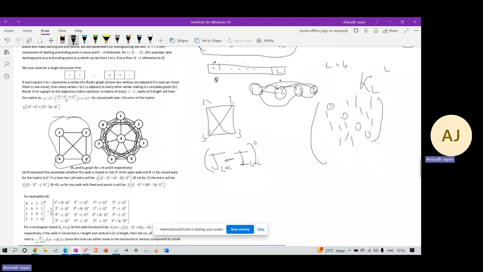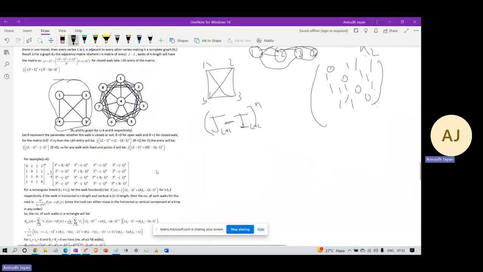Now, to find the nth power of J minus I, let's find the eigenvalues of J minus I. Assume L is equal to 4.